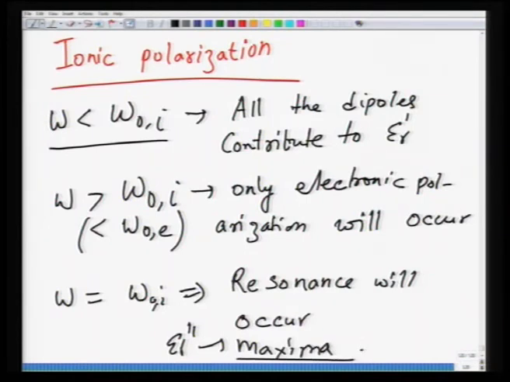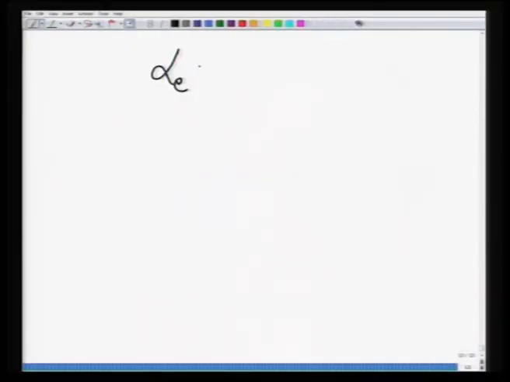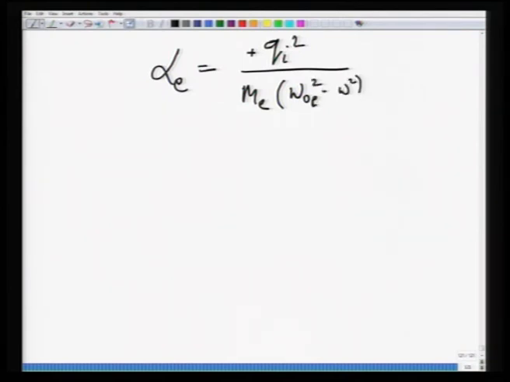Okay. So, this is how it will behave, and then finally, if we take the expression for electronic polarizability alpha E, then this is equal to Qi square divided by Me into omega naught E square minus omega square plus i gamma i omega.